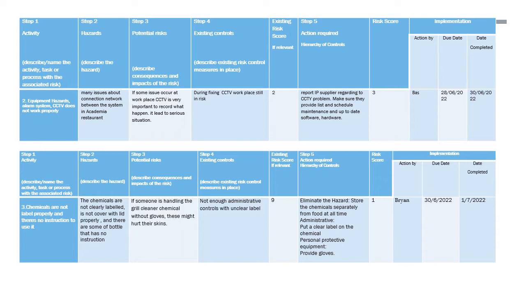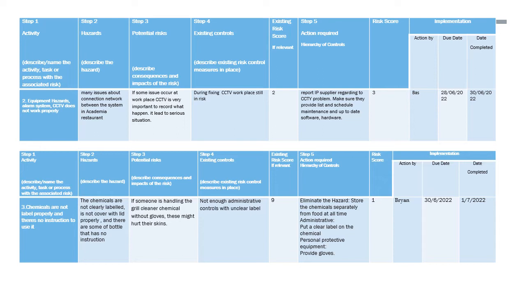The third one is chemical. The hazard is that the chemicals are not labeled properly and there are no instructions to use. Chemicals not being labeled is a really serious problem.